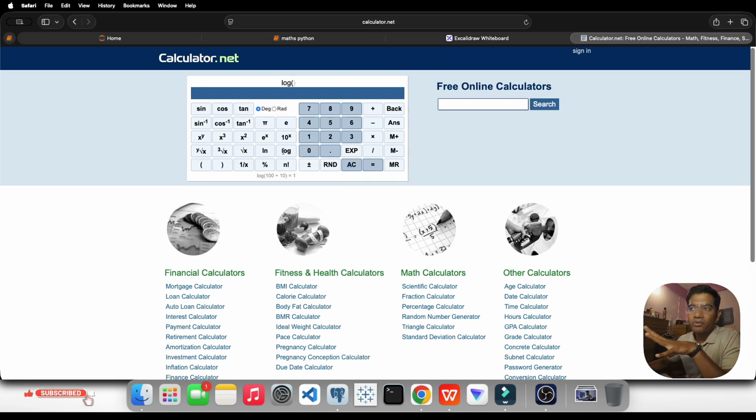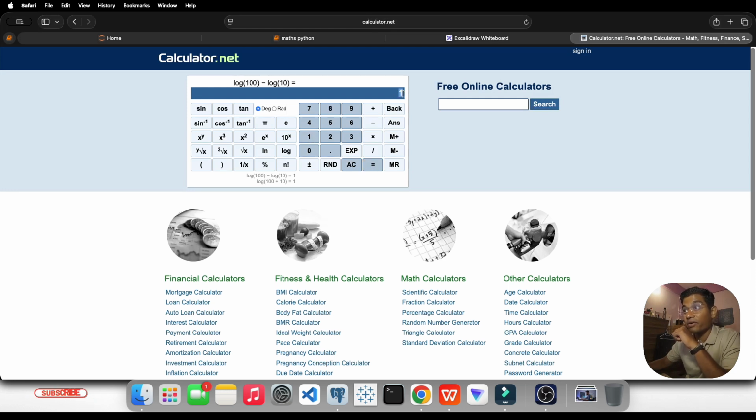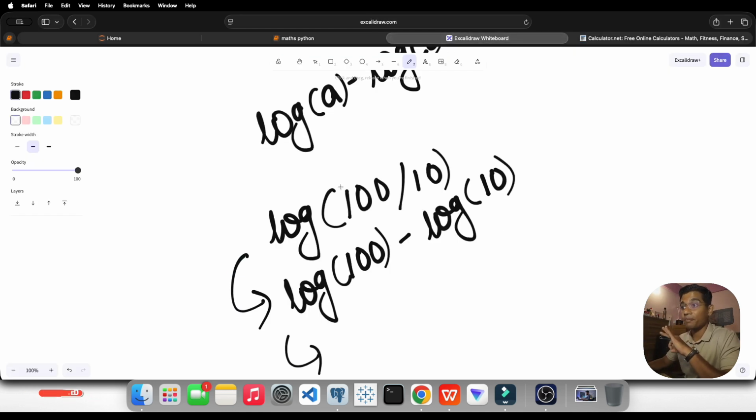In division what I have told, log 100 minus log 10, what output will you get? 1. Same. Okay. Let us see this in Python. Same thing we will see in Python.